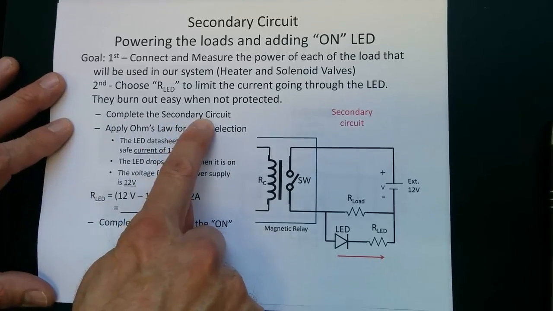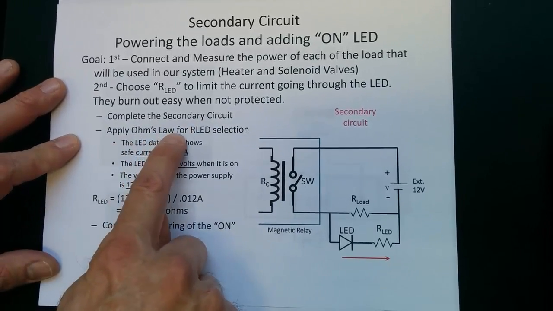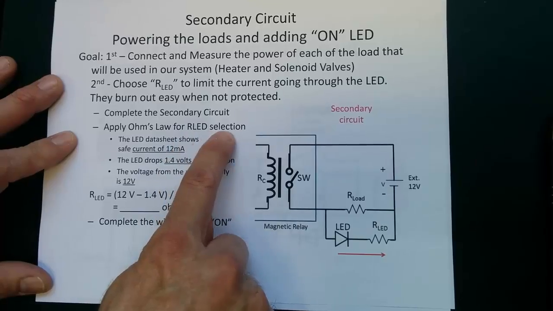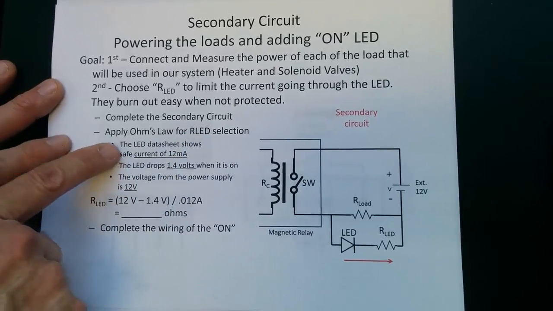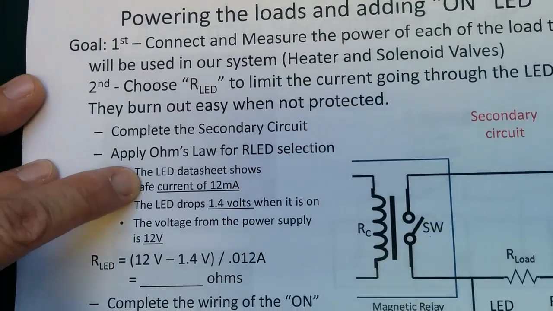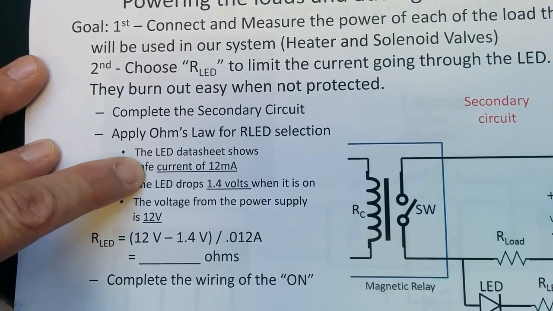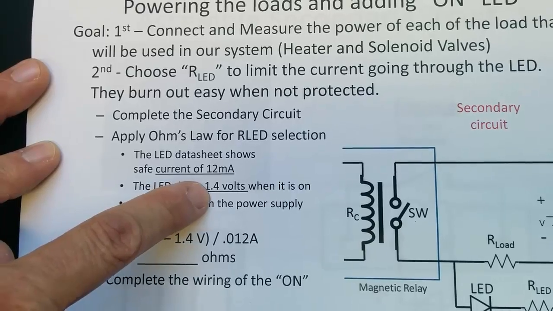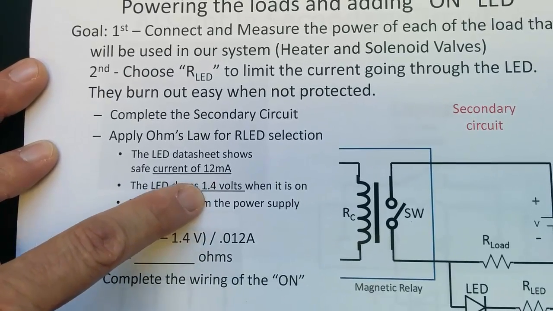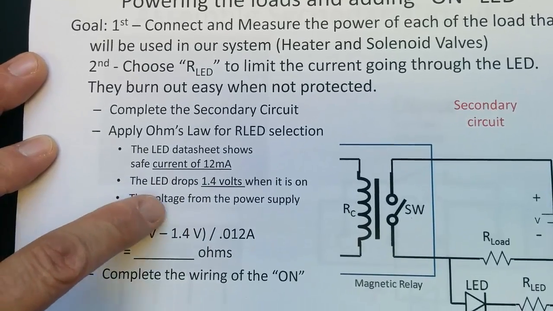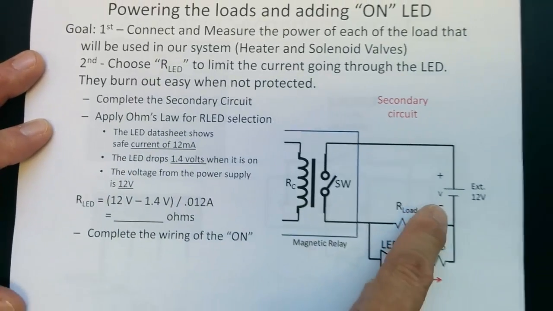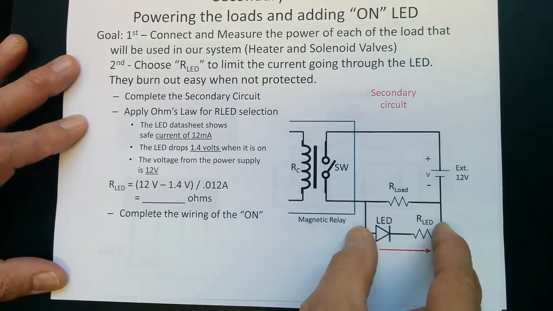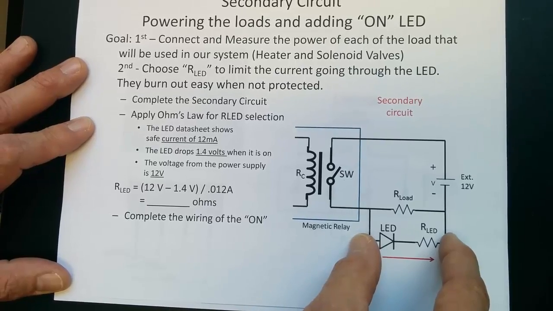So we're going to complete the secondary circuit, and then we're also going to apply Ohm's law for the LED resistor selection. So the LED datasheet shows a safe current of 12 milliamps. The LED itself, when it's operating, has a 1.4 volt drop across it, not very much. And the voltage from the power supply that's coming around and gets applied across this is 12 volts.